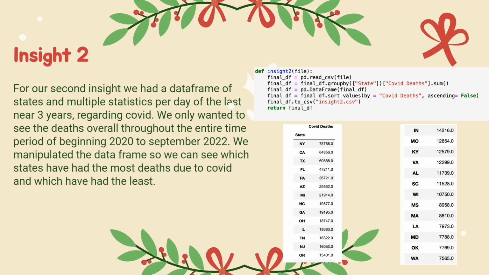So we manipulated the data frame to see which states had the most deaths and which had the least. This is significant for the point I just made in the last insight, because despite having an incredibly low percentage of positive tests, New York and California have the 1st and 2nd most COVID deaths, respectively. So what exactly does that mean?